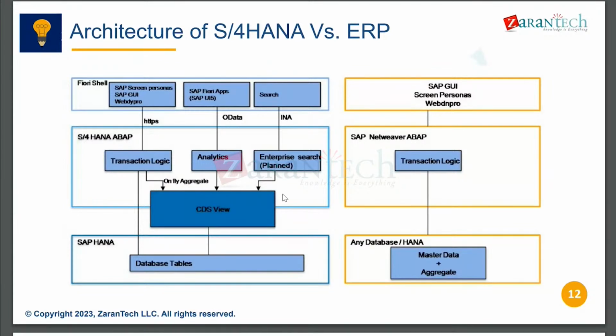And HANA DB, the database tables, this is normal, as we have a DB in every architecture. Okay, so this is SAP GUI. Before, we had SAP NetWeaver ABAP, and any DB or master data, everything is stored in the normal database in SAP ERP.